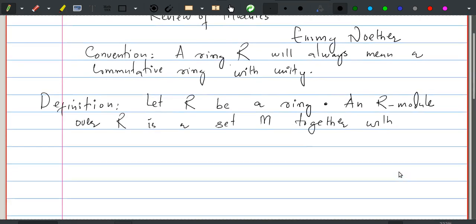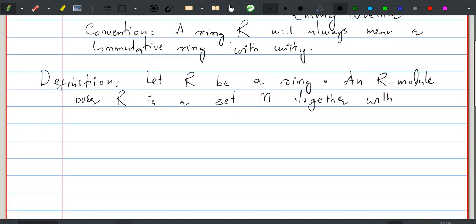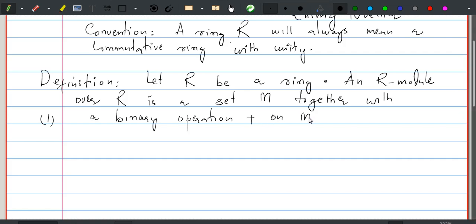these two items. The first item is a binary operation, this addition on M, under which M is an abelian group.